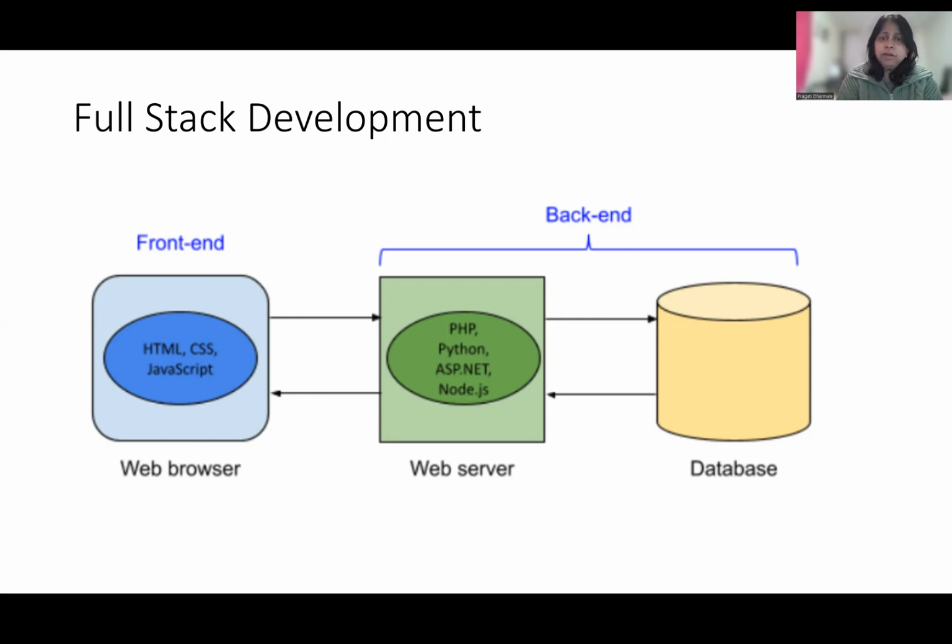Most websites and web applications require the use of client-side technologies and server-side technologies. Client side refers to those technologies that run in the web browser, like HTML, CSS, and JavaScript.